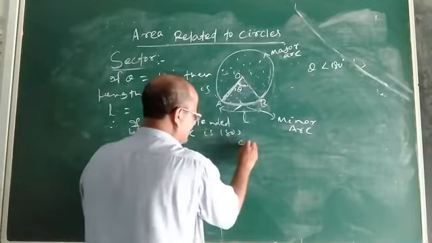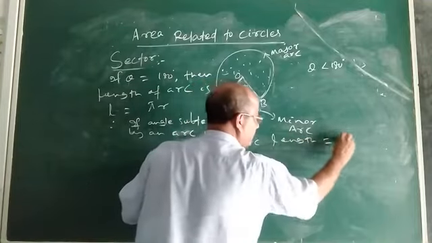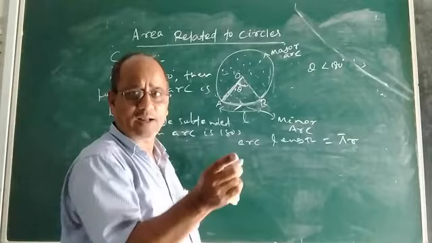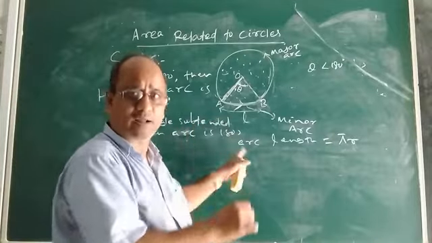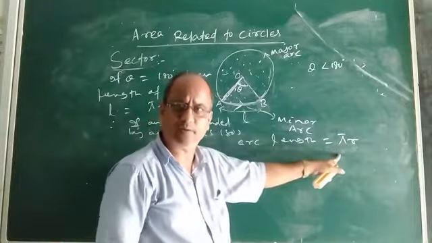Pi r. We proved that if theta equals 180, that means if an arc subtends 180 degrees at the center, then the length of arc will be equal to pi r.